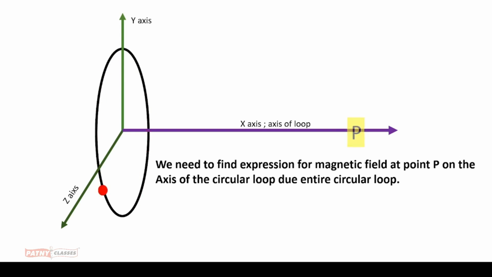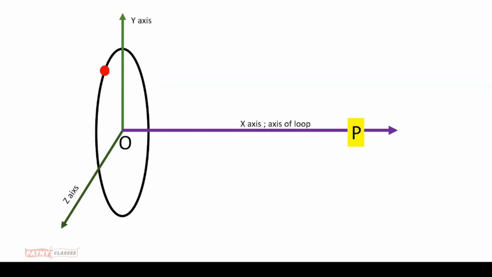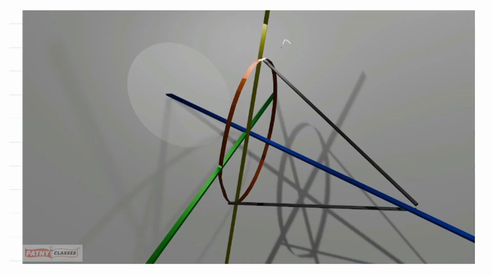the entire circular loop. Let R be the radius of the circular loop and O be the center of the circular loop, and the distance between the center of the loop and the point P is equal to x. Consider a small element dl on this circular loop. Let us consider it at two places, here and here.